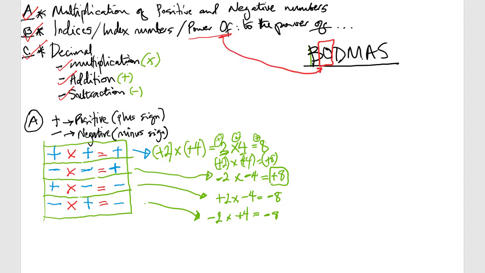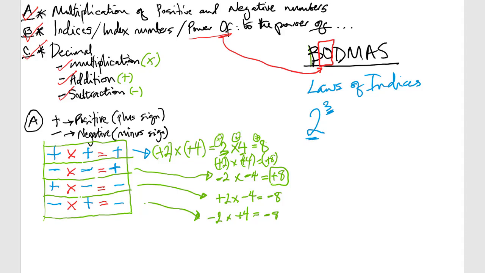So now, talking about indices, there's what you call the laws of indices. When you have a number like 2 raised to the power 3, 3 is the index of 2.